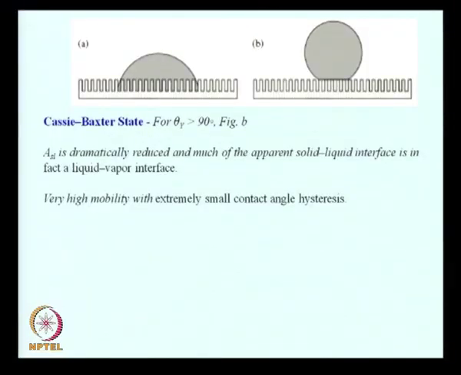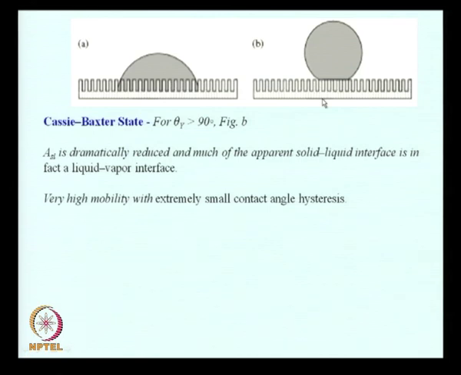Now, let us think of the Cassie-Baxter state, where we know that A_SL is dramatically reduced and much of the apparent solid liquid interface is in fact a liquid vapor interface. So, you can think of it as if a large portion of this droplet is sitting over an air water interface rather than a water solid interface.